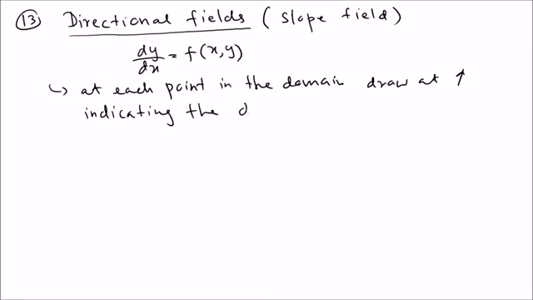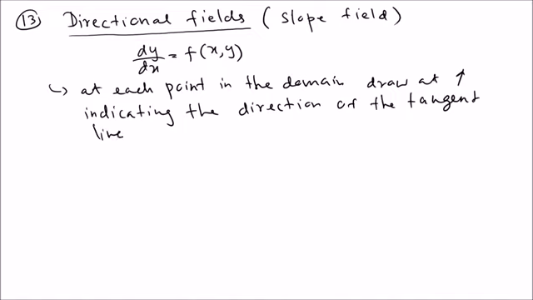That's what we call the directional field. The direction of the tangent line means the slope.